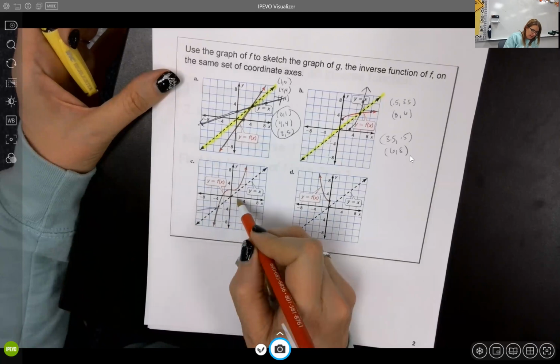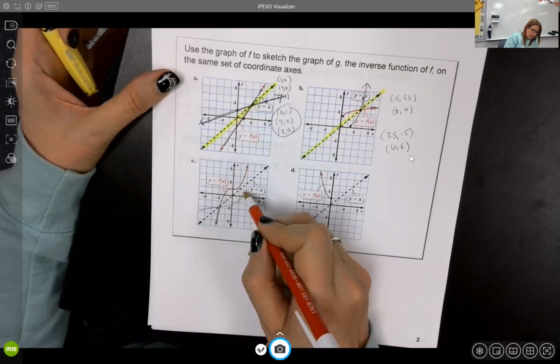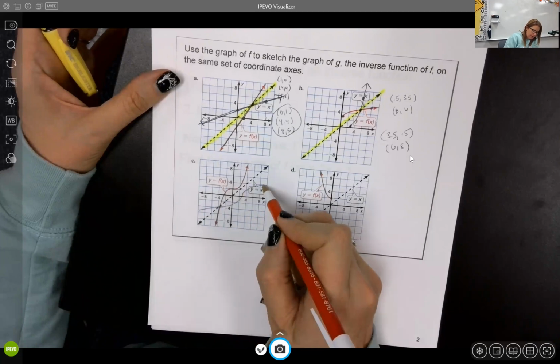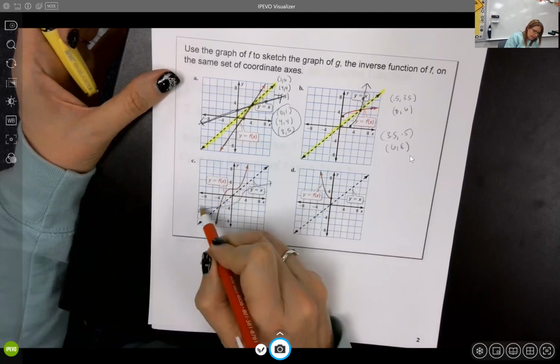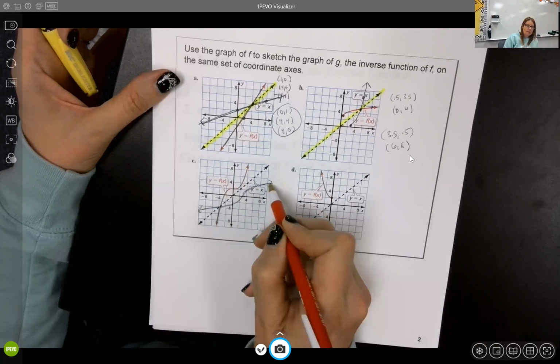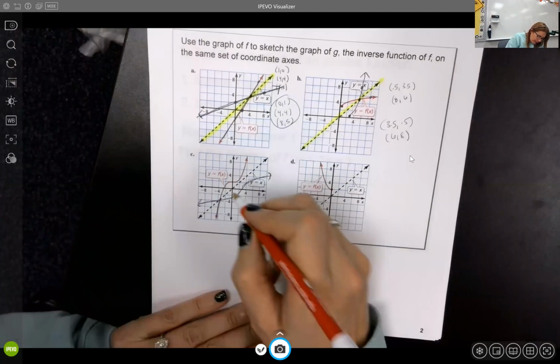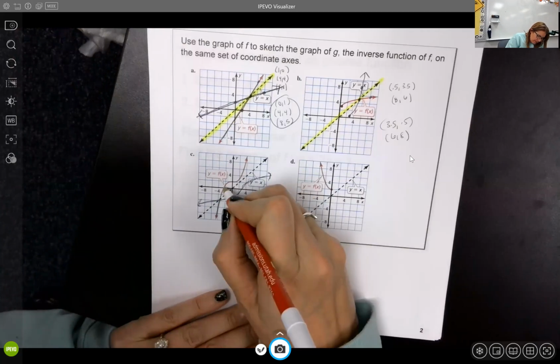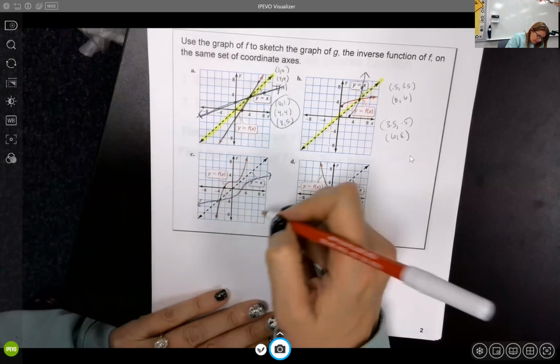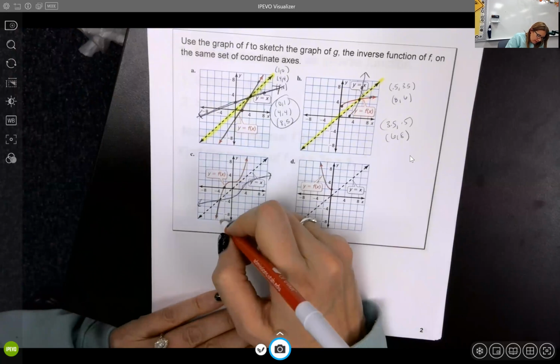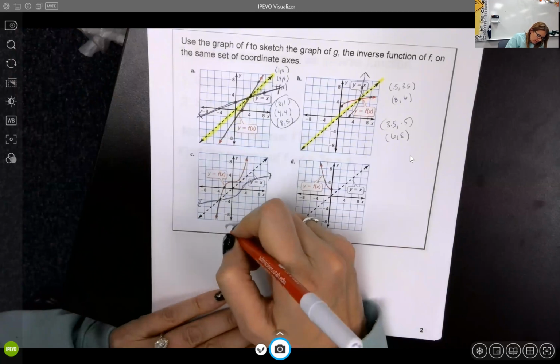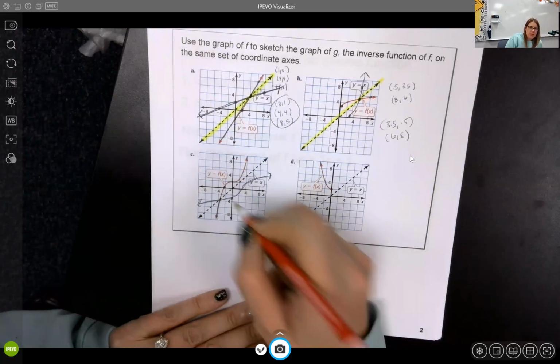It's going to come out, and then it's going to get a little bit closer, and then it's going to start going away like this. So I can kind of get an idea of what it's going to look like. Okay. Now I need to write points. So let's say that this is -4, 0. So then this is going to be 0, -4. So about right here. So you can see that that's the same.